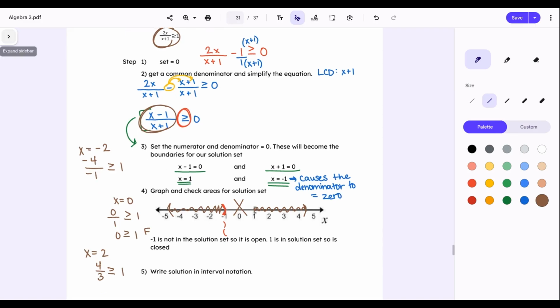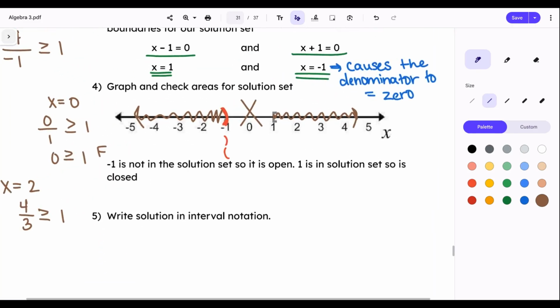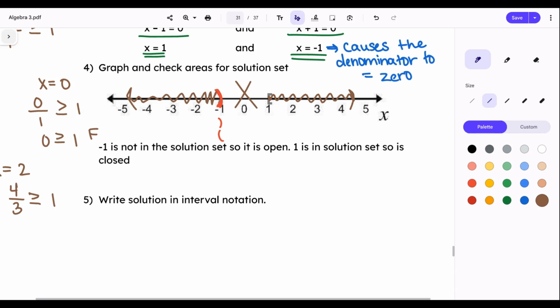Now the last thing they want us to do is write it out in interval notation. So let's think about what we did with our polynomials. Since it goes forever to the left, what do I use to represent that? Good, -infinity, and then it goes up to what number? -1, okay, and you're going to have parentheses, and then our union here, and we start at what number on the other side? 1, is it going to be parentheses or bracket for the 1?